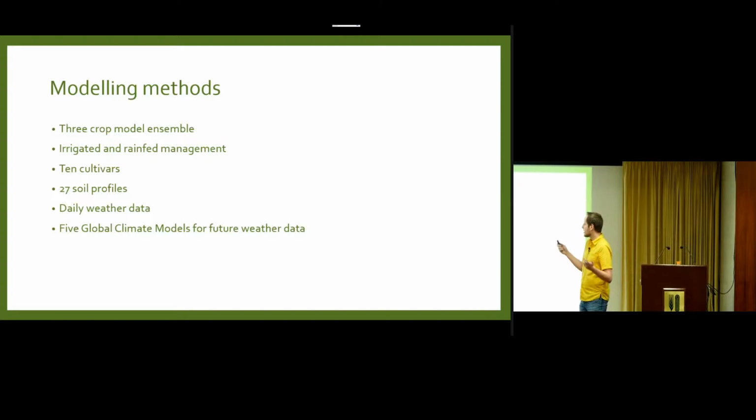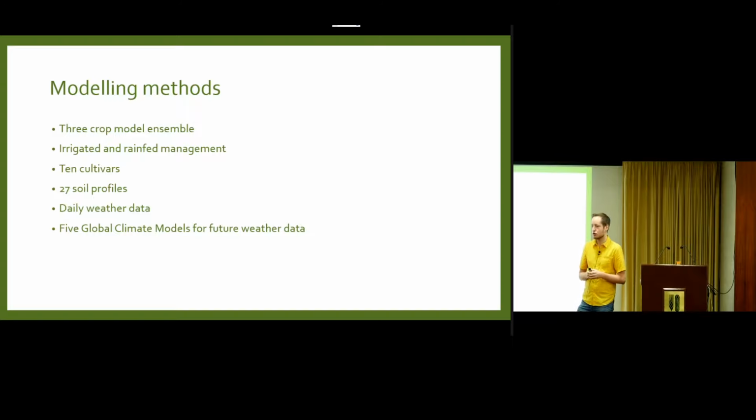And then I arrived at my crop modeling methods. So I used 3 crop models. We use 3 crop models instead of 1 because every model is a simplification of reality. There are always some aspects that a model does not take into account. But if you use multiple models, you create an average, if you want to say it that way, and you are more accurate.